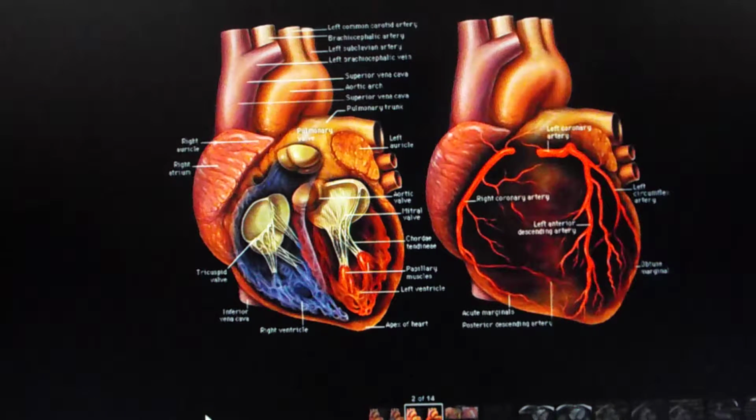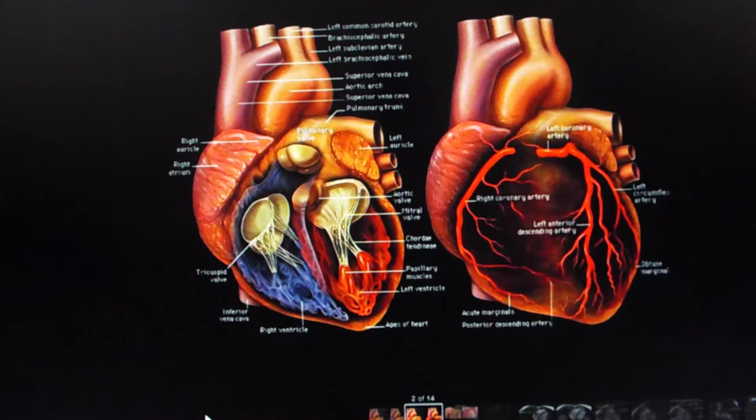It goes to the AV node, to the bundle of His, and the bundle of His splits into left and right bundle branches. The left bundle branch splits into anterior and posterior fascicles. The Purkinje fibers from the RBB and fascicles of the LBB conduct impulses to the ventricular myocardium.